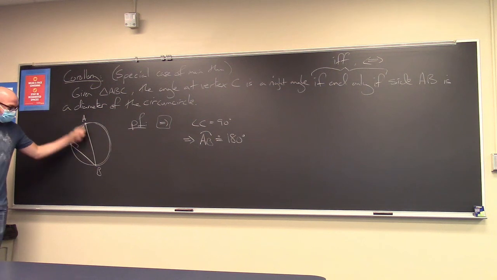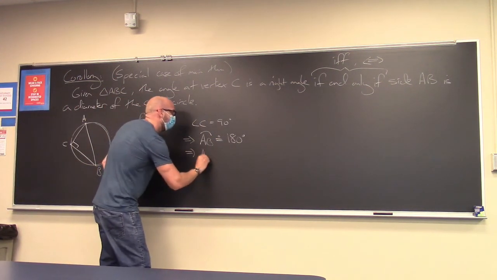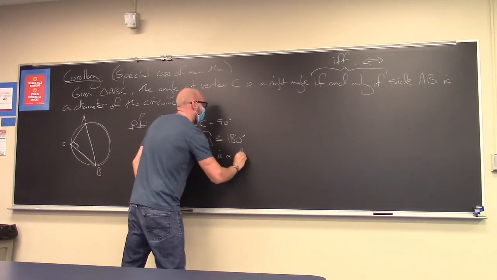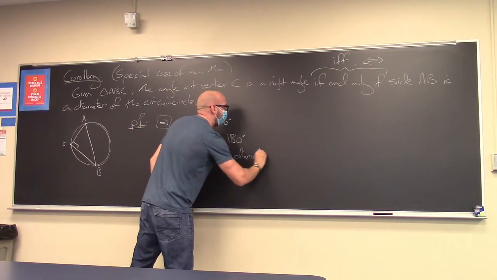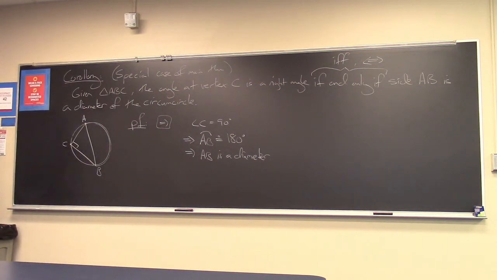An arc of 180 degrees corresponds to this line AB being a diameter. So pretty obviously that implies that AB is a diameter. So there's the forward proof. If angle C is 90 degrees, then this line segment AB must be a diameter.